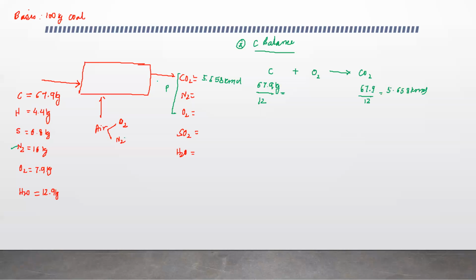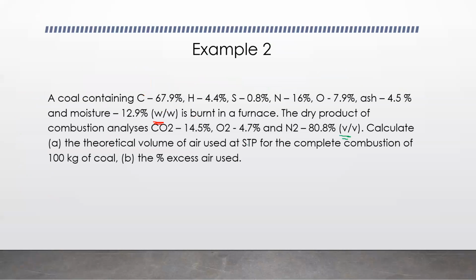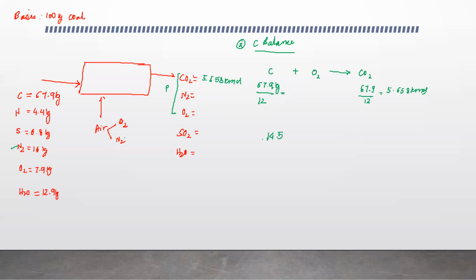That means we can definitely take it as 14.5 by 100 into P. That is the percentage of carbon in P. All right, so this is equal to whatever is the carbon here, right? So when we find P from here, you'll get it as 39.023 kilomole, right? That is what you're going to find.